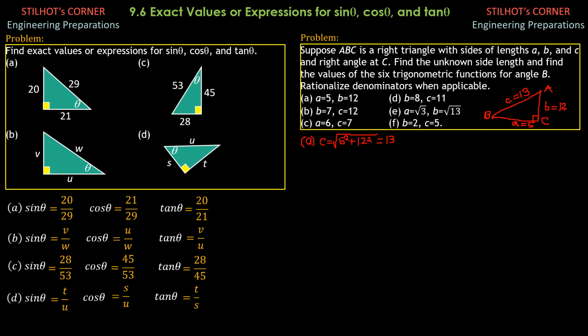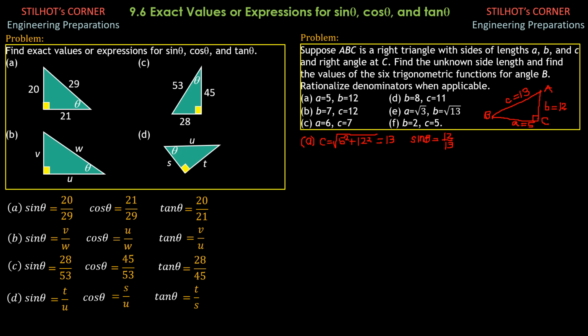So therefore, we have to solve the six trigonometric function values for angle B. So sine of angle B from the figure is opposite, which is 12 over hypotenuse 13.